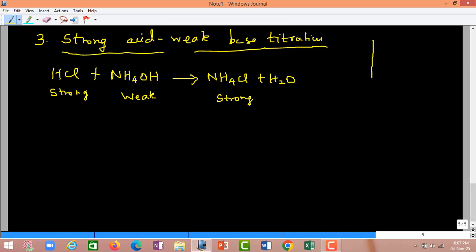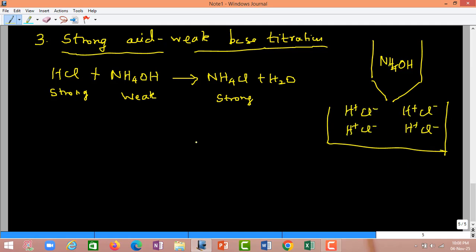Now we'll take the illustration where you take the ammonium hydroxide in the burette, and the acid, that is the hydrochloric acid, in the beaker. During the titration, when you add the first molecule of ammonium hydroxide to HCl, the beaker solution, that is the hydrochloric acid, is converted to ammonium chloride.